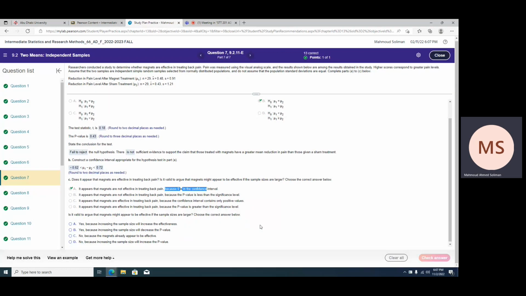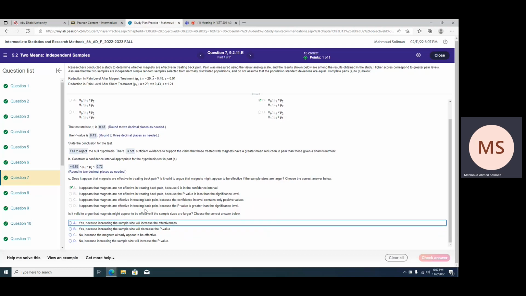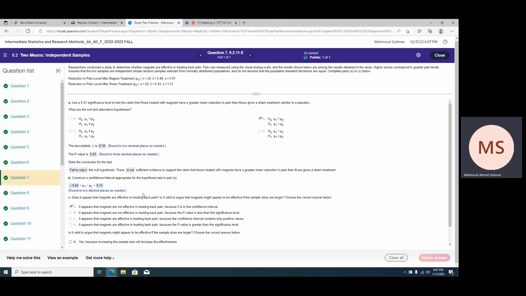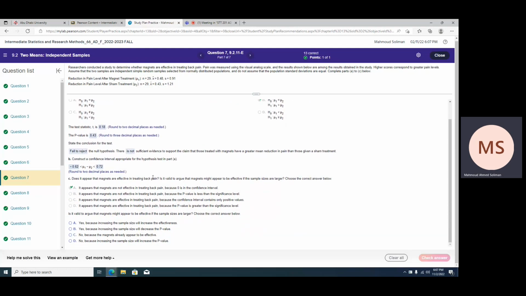If there is 0, that means they're equal, there is no difference. If it's minus, if it's positive, what will it be? So here, minus, less than. Here there is no difference.